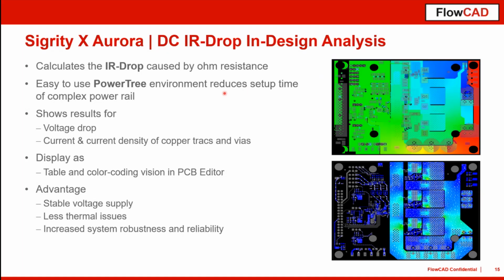If we have quite complicated power distribution networks, as is usually the case, we can use the power tree. This is a very nice additional tool or even feature that enables you to characterize very complex power distribution networks. That also includes all those discrete serial elements like filter structures, capacitors, inductors, shunt resistors, transistors, or even more things.